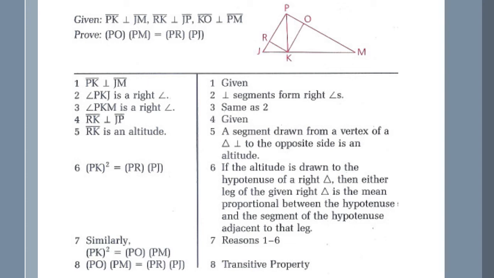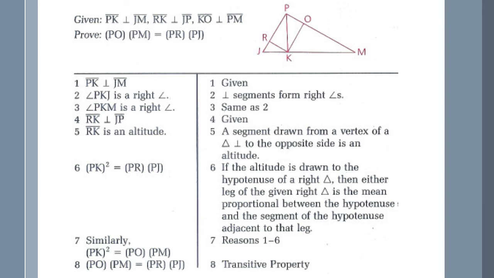Basically what this is, theorem, whatever it is, I can't remember what that was, 68, whatever it is. But basically we would call that the altitude hypotenuse theorem. That's fine by me on a proof. Okay. Then we would do the same thing. They're repeating this here, that PK squared is equal also to PO times PM. Therefore, this is transitive. I could also say that this would be substitution.